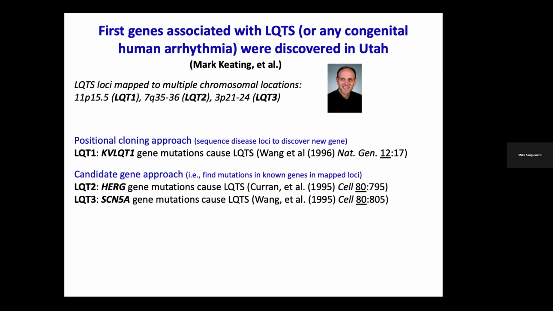That was found to cause long QT type 1. And then using a candidate gene approach, just looking for which genes are present in that location based on refined loci, they discovered that hERG gene mutations, which had just been cloned that year I think, cause long QT2, and SCN5A, the sodium channel gene, causes long QT3.